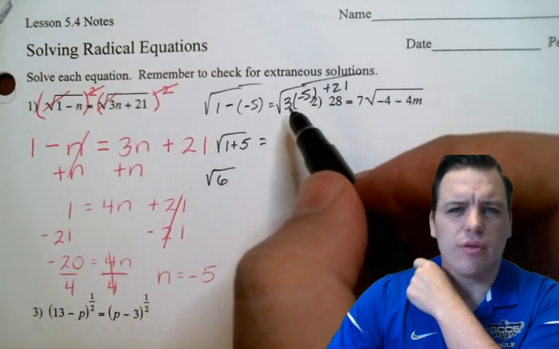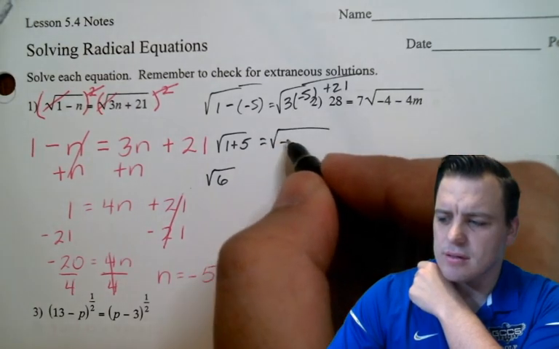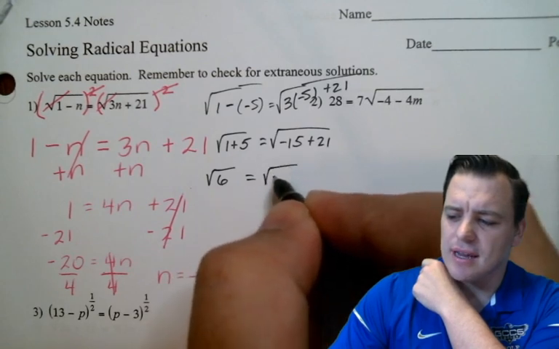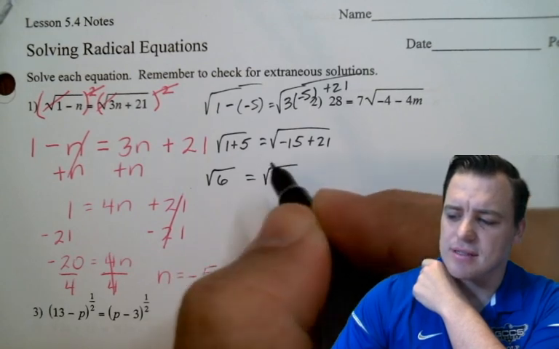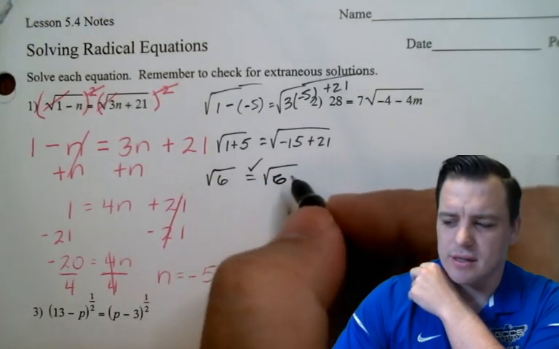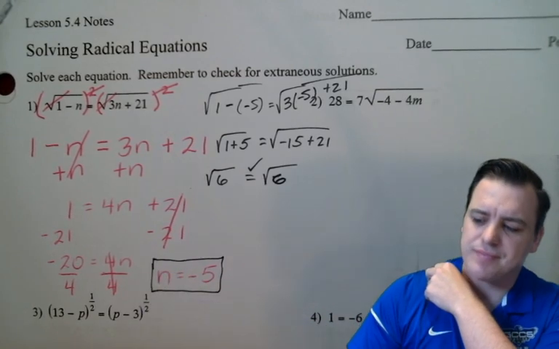That's equal to 3 times negative 5, which is negative 15, plus 21. And that would take us to the square root of positive 6 as well. That gives us a thumbs up that negative 5 does work. So n equals negative 5 is our final answer.